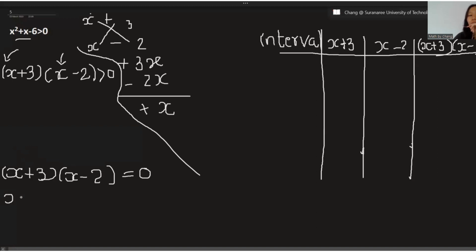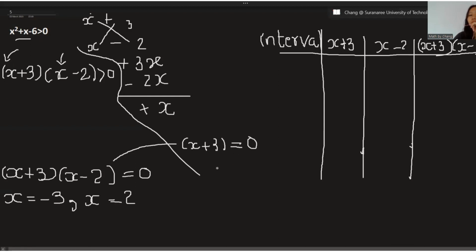So the first value of x is minus 3. What else will you get? Let's look at the second one. When you put 2 here, you will get 2 minus 2, so 0, right? So 0 into x plus 3, you will only get 0, so you will get 2 here. If this is difficult to understand, just simply consider that you put x plus 3 equal to 0.